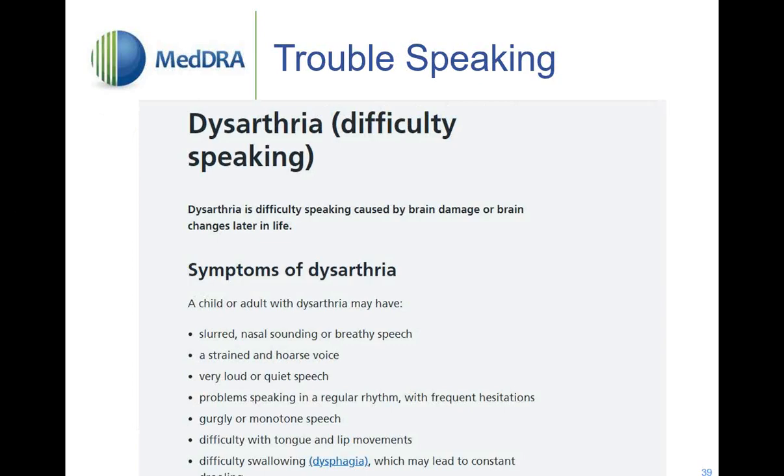As you can see or may already know, a patient with this may present slurred speech, hoarse voice, problems speaking in a regular rhythm, and they could have loud or quiet speech. Again, as in the previous example, it's caused by brain damage or brain changes, at least from this reference. Right up here it specifically states it's caused by brain damage or brain changes later in life.